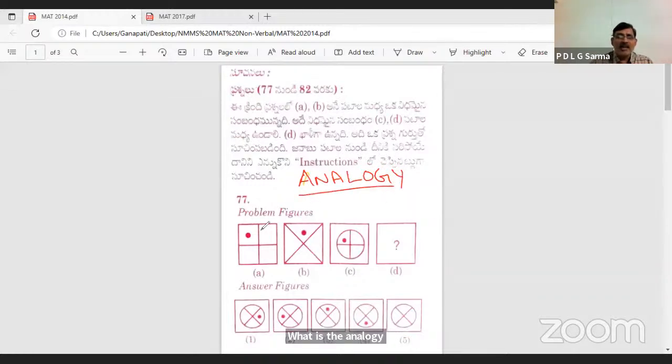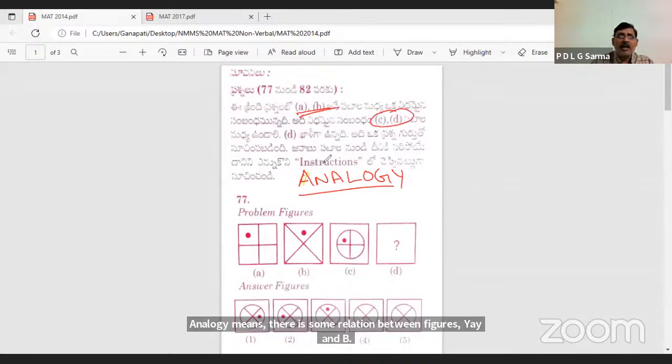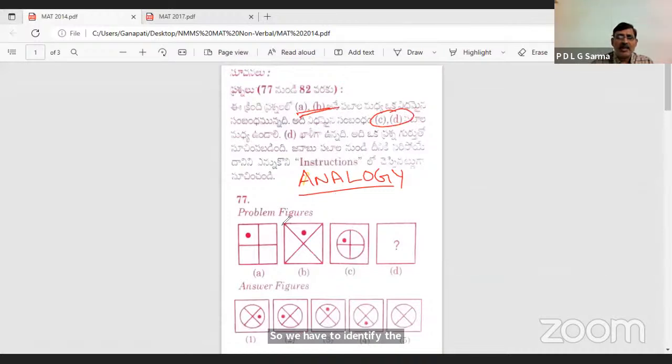Analogy means there is some relation between figures A and B, so we have to identify the same kind of relation for C and D. These two follow some rule, and the same rule you have to apply for these two also. Okay, now you give me the reason why. Most of the times you people are giving me the answer, but I want an explanation why.